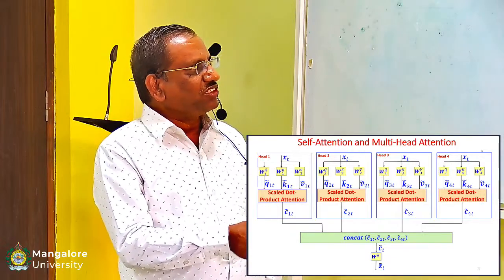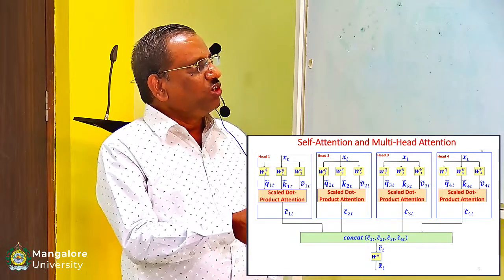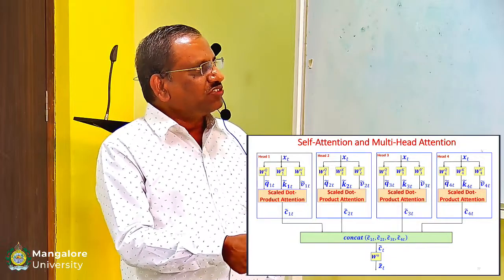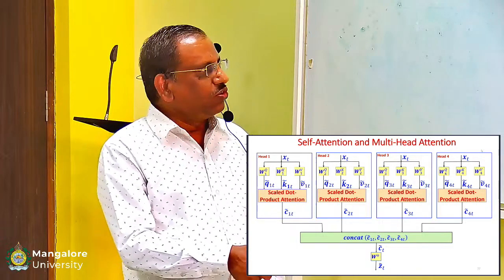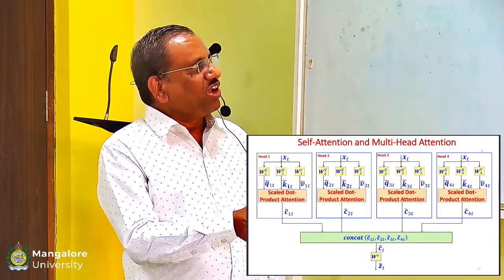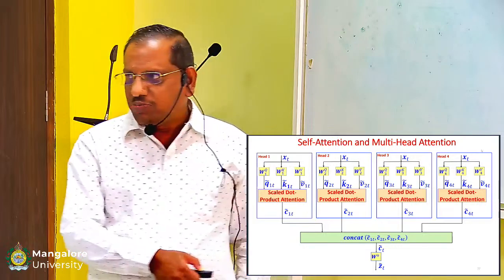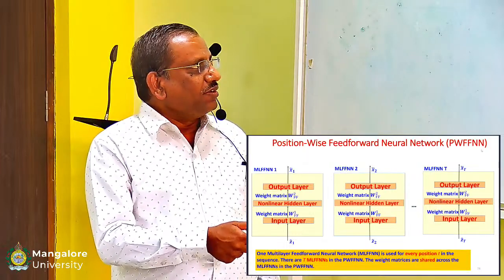Then we perform the scaled dot product attention. Then we generate this context vector. This we do using each of the multiple heads, and once we get these context vector representations, we concatenate them and then perform one more transformation to generate this zt. So for every element in the sequence x at time t, we generate the new representation zt.